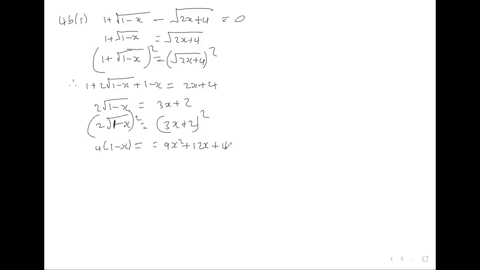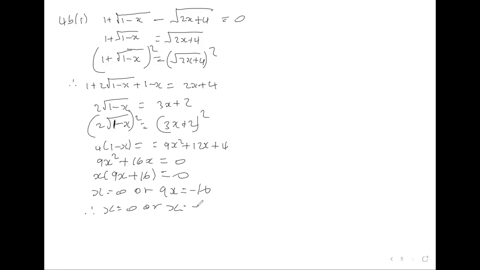Collecting like terms, you get 9x squared plus 16x equals 0, of which you can factor out x, and you have x times 9x plus 16 equals 0. Since the product of the two factors is 0, each factor can be equal to 0. So you have x is equal to 0 or 9x equals minus 16, so that x is equal to 0 or x is equal to negative 16 over 9. So these are the required values that you get.